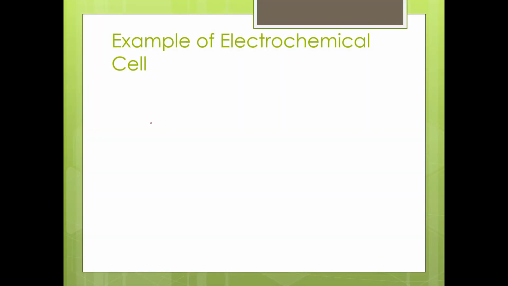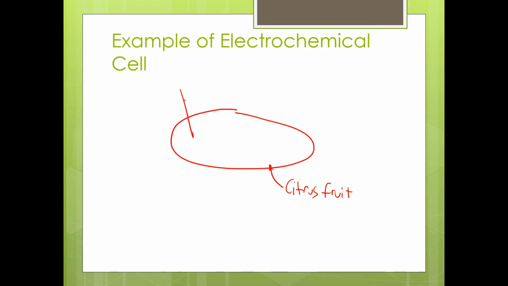In an electrochemical cell, this is quite common. For example, a very simple electrochemical cell looks like this. We basically have a citrus fruit. You might have done this in elementary class. We jab two metals into the citrus fruit, usually copper and zinc. The acid in the citrus fruit will slowly force the copper to turn into copper ions, and also turn the zinc into zinc ions.